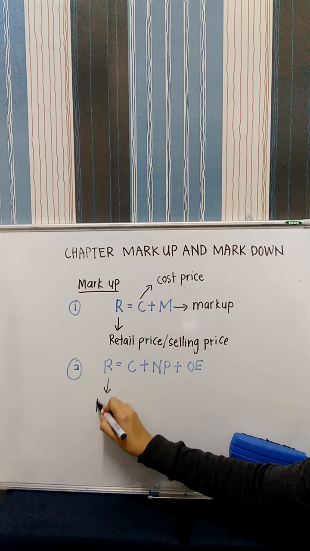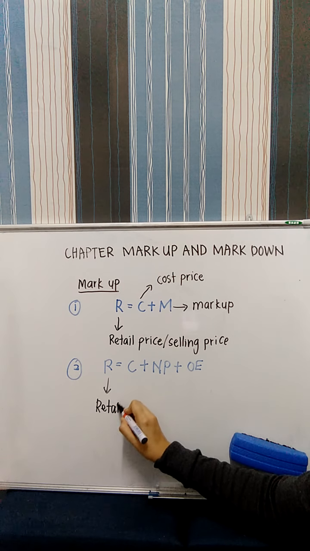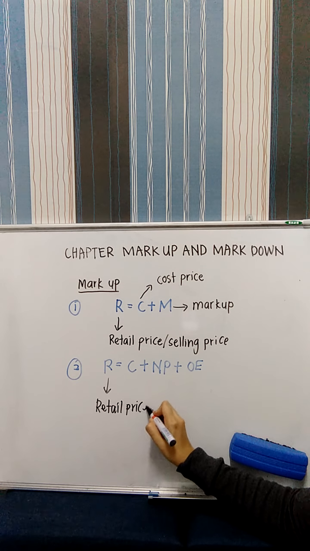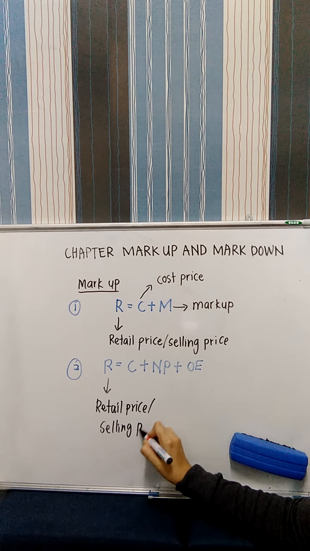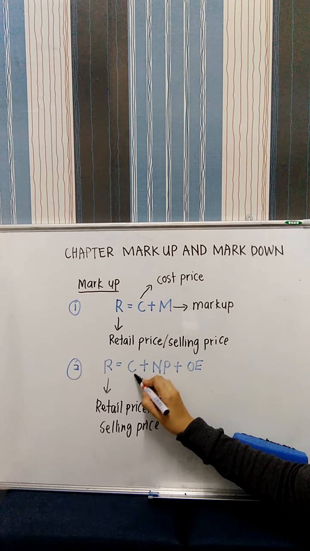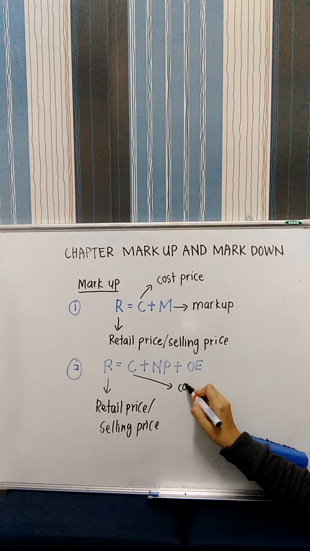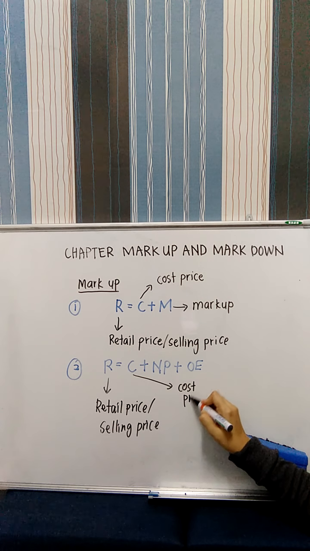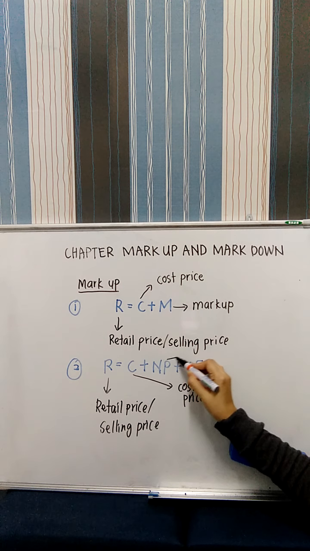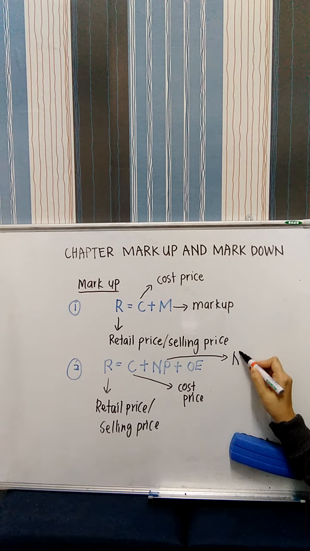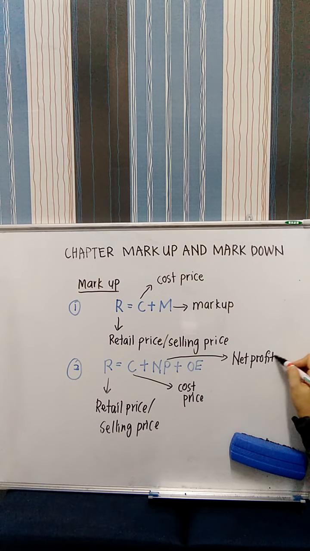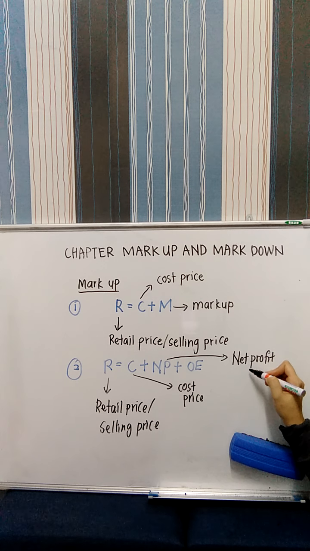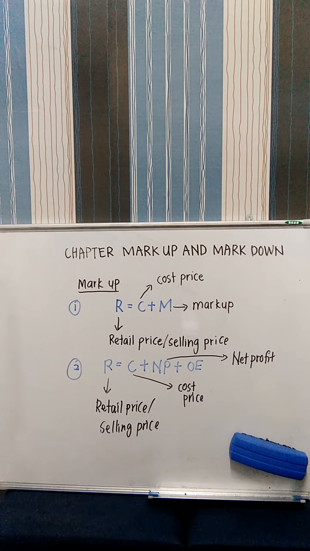R is the retail price or selling price, equal to C, the cost price, plus NP. NP is net profit, which means untung bersih.